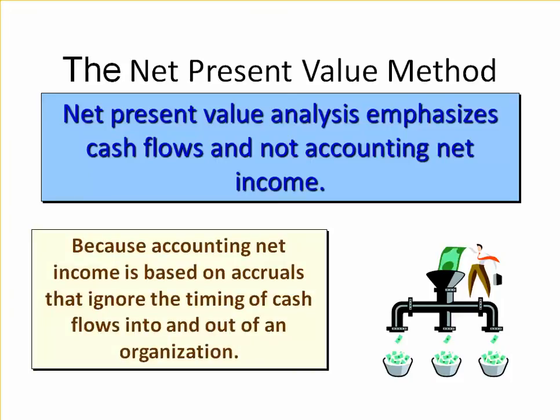That's because accounting net income is based on accruals that often ignore the timing of cash inflows and outflows of an organization. Recall, if we make a sale on credit, we don't collect any cash, but we will report a revenue which increases our net income. Likewise, depreciation expense will decrease our net income, but doesn't involve a cash outflow.